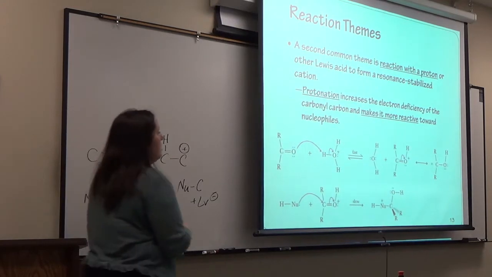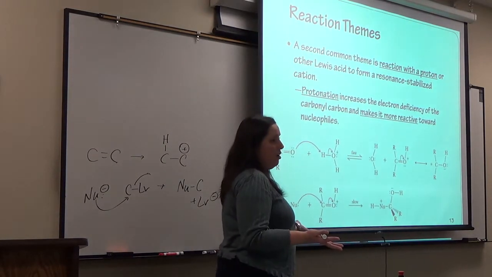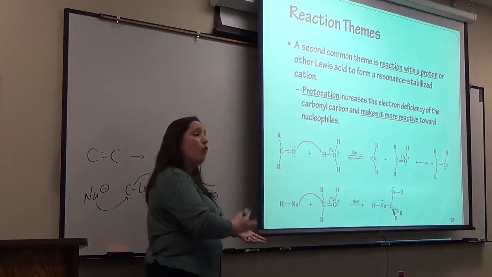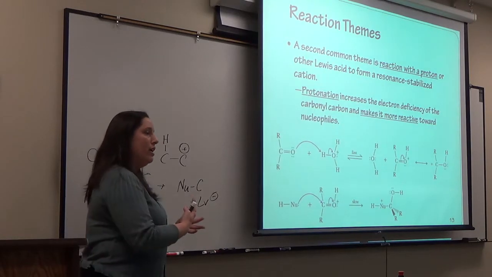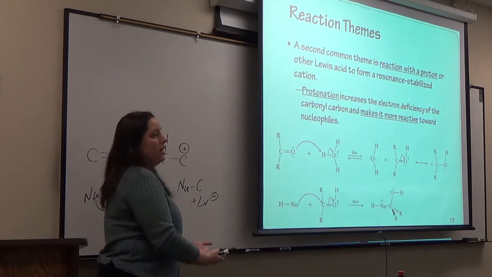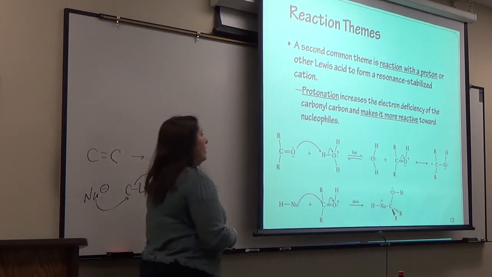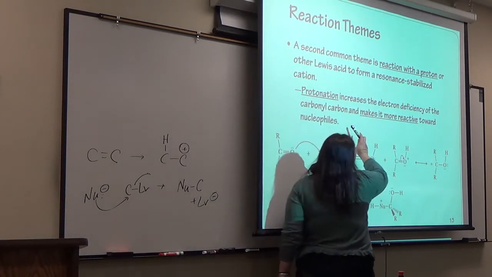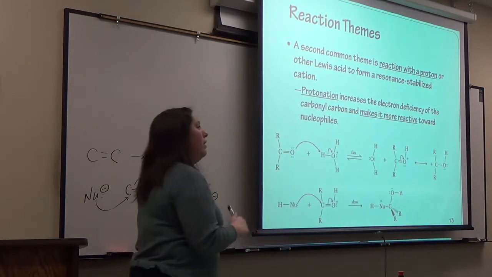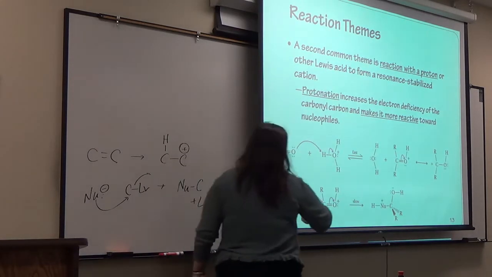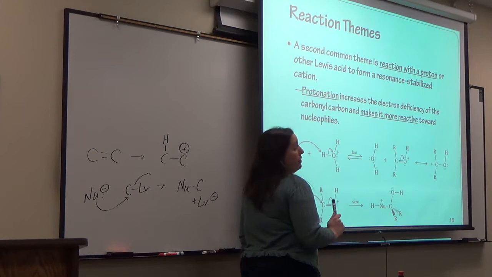So you're always going to start with a protonation, which we saw with the alcohol, but the purpose with the alcohol was to form the leaving group. Here you're not really forming the leaving group, but you are giving the carbonyl more incentive to break the pi bond. So you're still giving it that power, making it more reactive, the power to open that bond, and then the nucleophile can come, attack, and the double bond will open very easily.